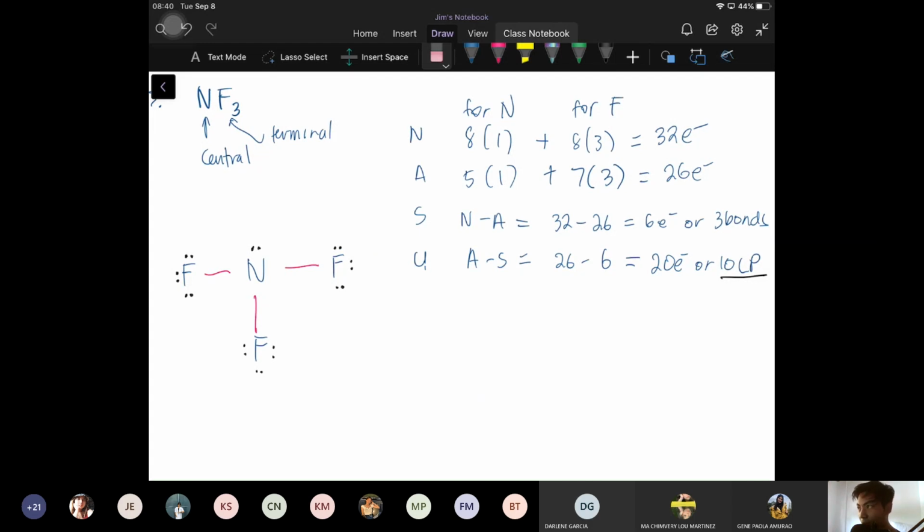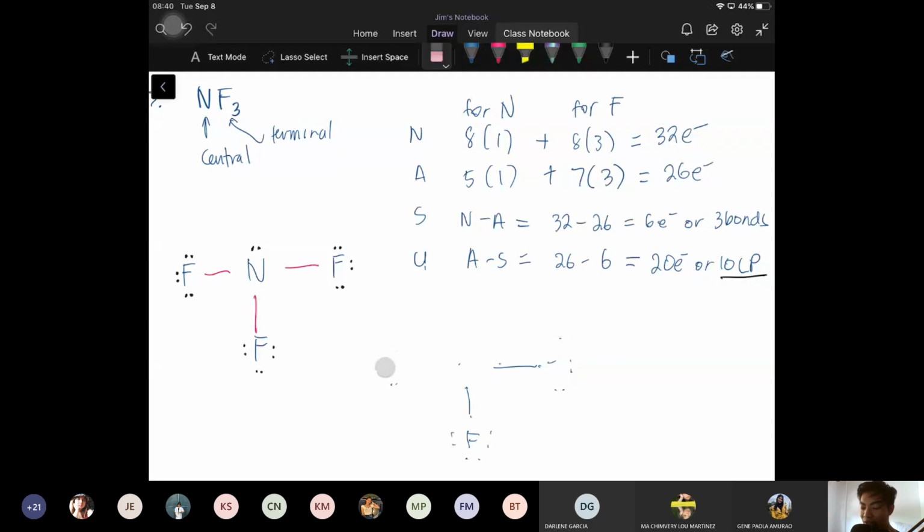Siguro yung iba sa inyo may isip na, Sir, di ba parang mas madali yung ganito? Yung ganitong Lewis structure, tapos idudugtong mo na lang. Ganito ginagawa natin nung high school, di ba? Sir, parang mas madali yan, di ba? O, ito yung trick.